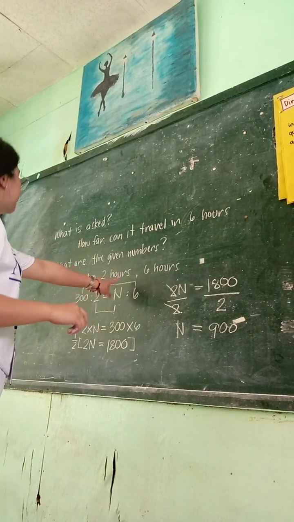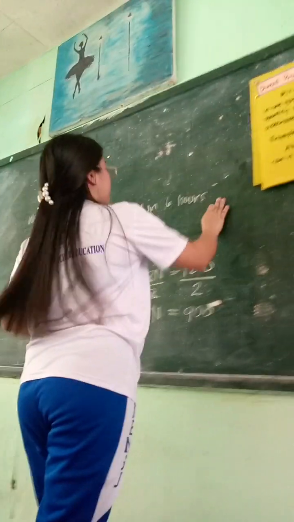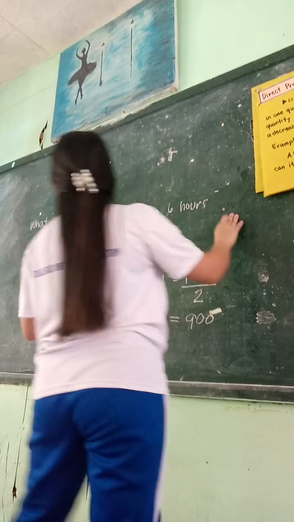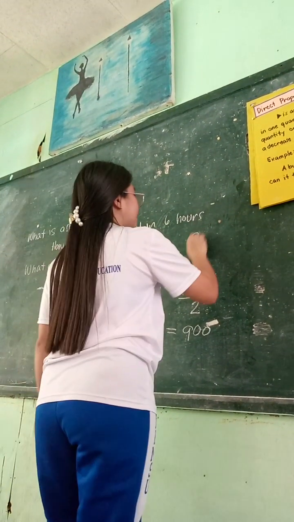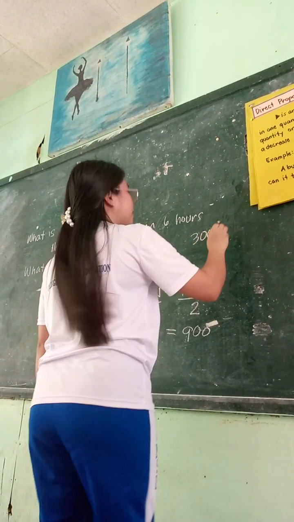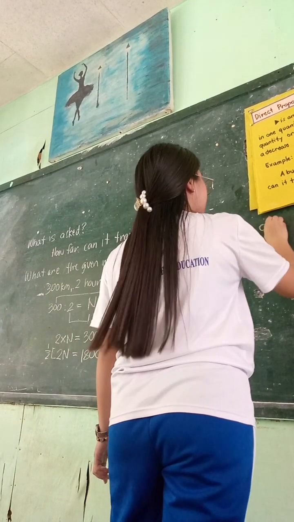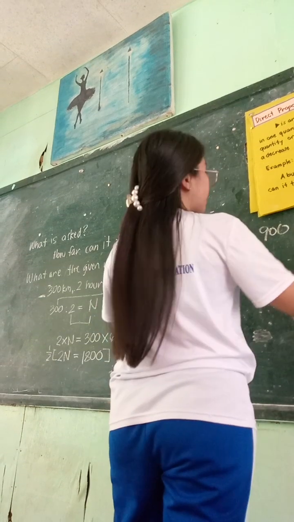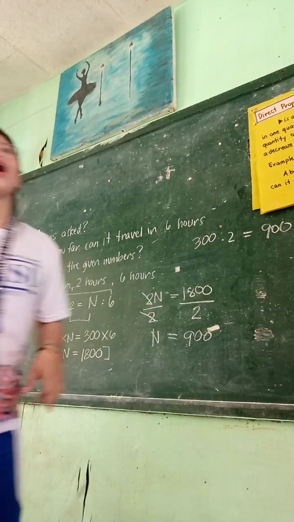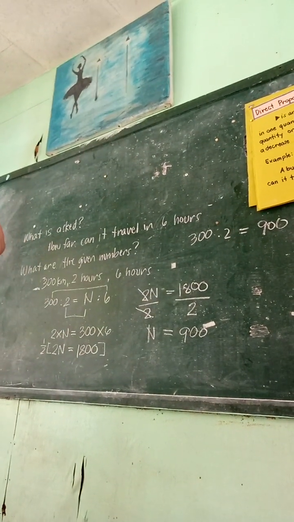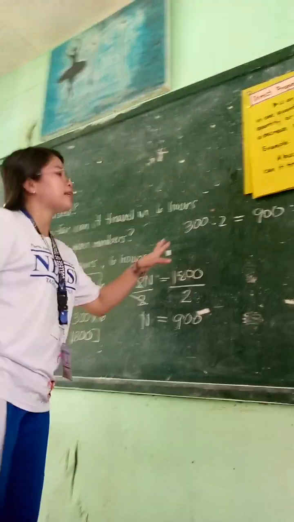So the missing term here is 900. 300 is to 2 as 900 is to 6. Now let us know why it is called direct proportion.